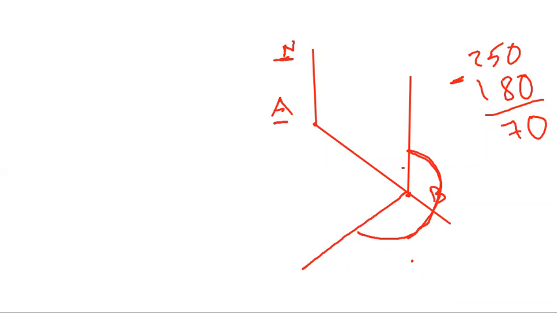So I'll draw 250 in two steps. First, I'll draw 180. Then I'll ask myself, 180 needs what to be 250? 250 minus 180 equals 70. So I'll draw 70. Now, the sum of 180 and the 70 together equal 250 degrees. Understood?